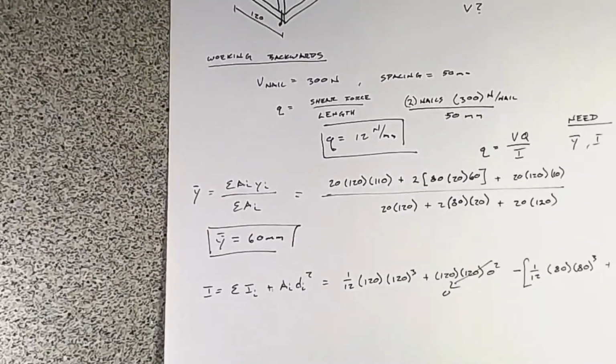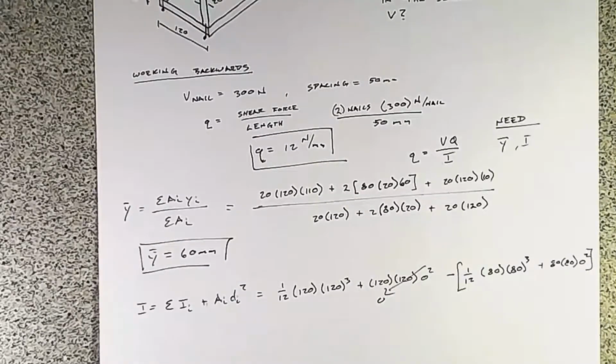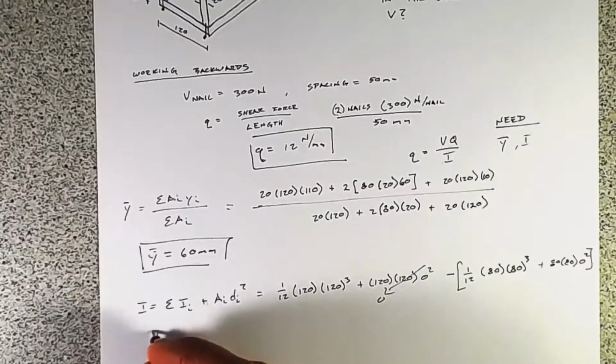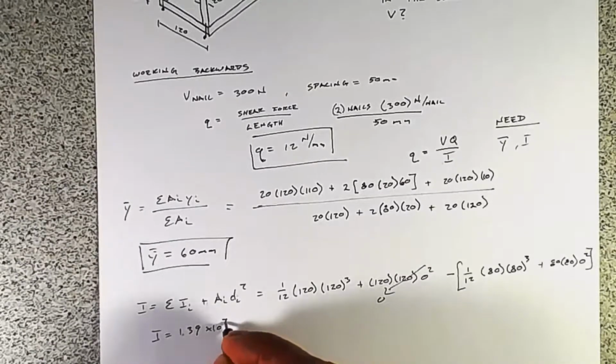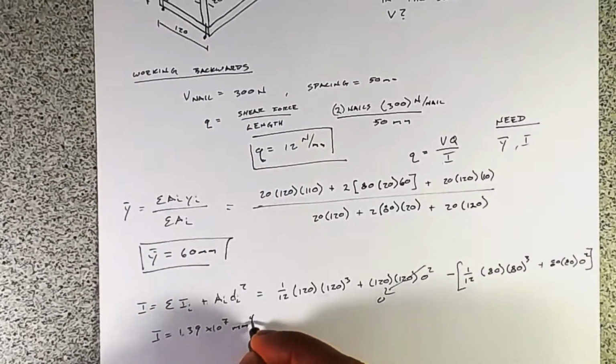So that there is our equation for our moment of inertia. If we work all of that out, we get I equals 1.39 times 10 to the 7th millimeters to the 4th.